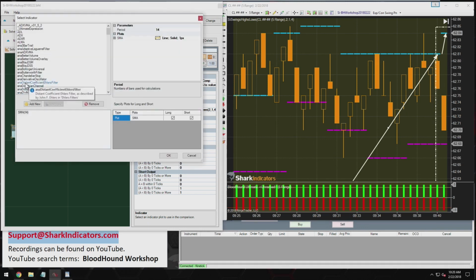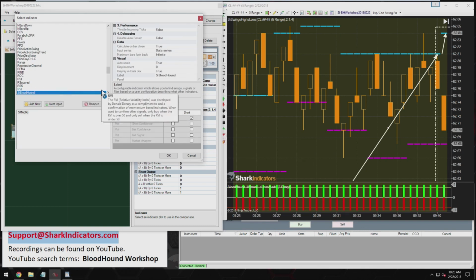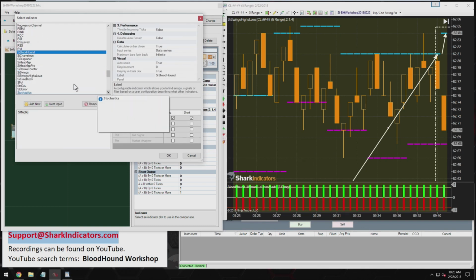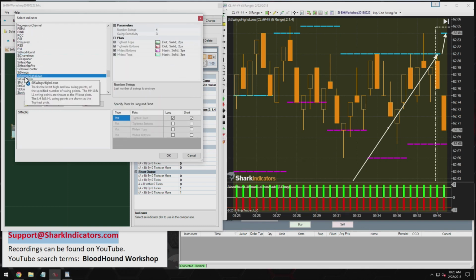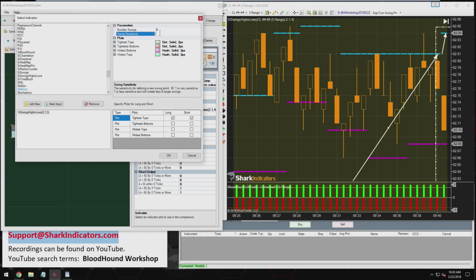But first, let's go set up our indicator. Again, there's the swings, highs, lows indicator. Let's put that on our list, add that. Again, change our parameters to match what's on the chart. And again, I'm going to use the same plots.